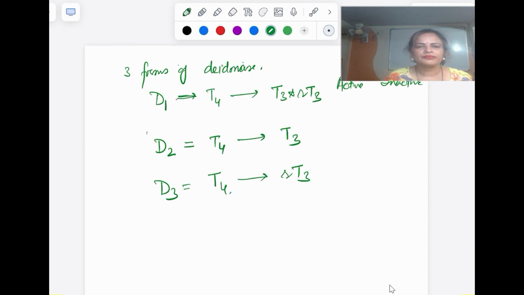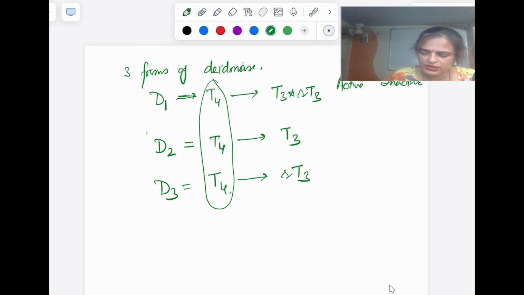Okay? Now, different drugs act by inhibiting this peripheral conversion of T4 into T3. So different drugs act by inhibiting this conversion of T4 into T3.